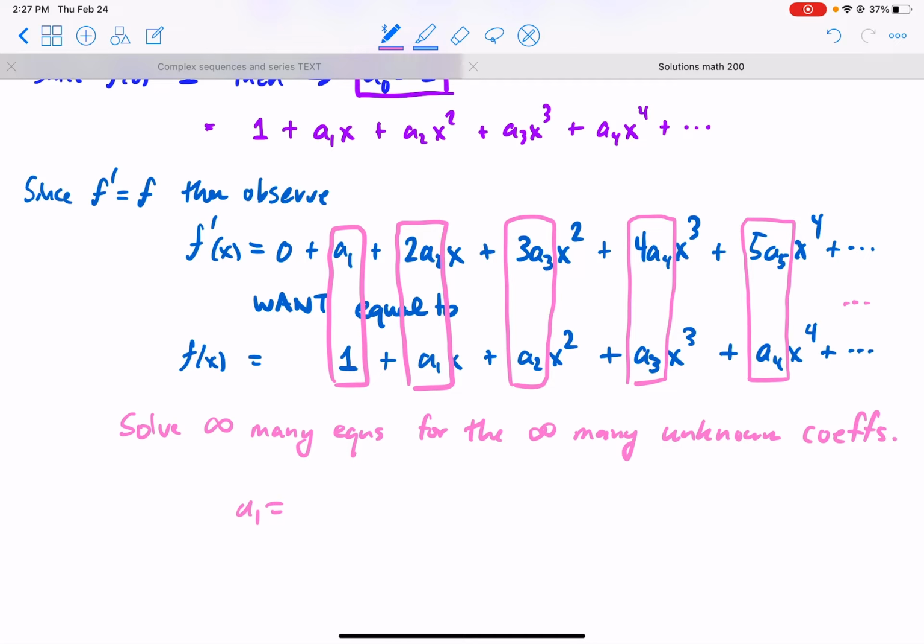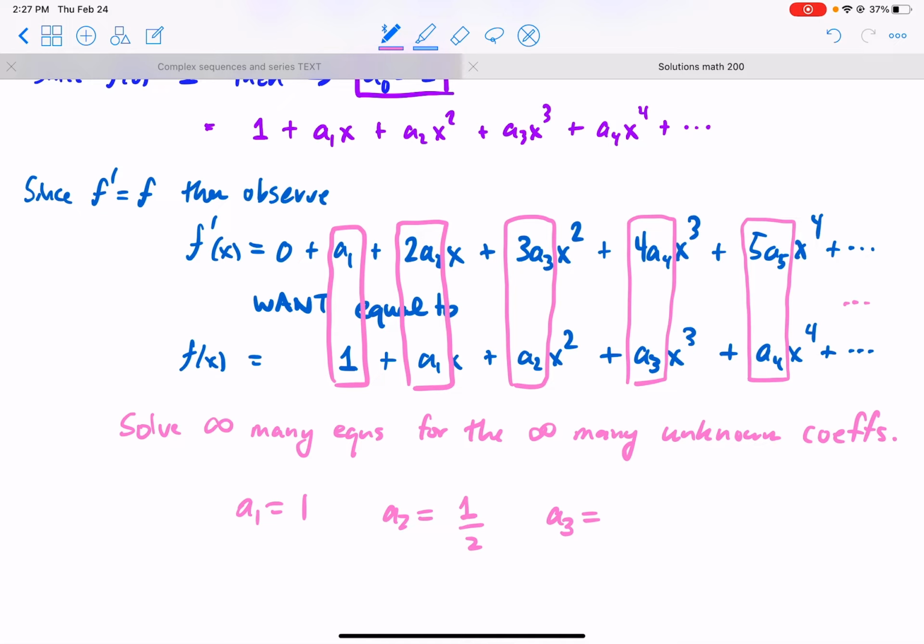So a1 has to be 1. That's what this says. Let's look here. Well, a1 is 1. So a2 has to be 1 and then divide by 2.